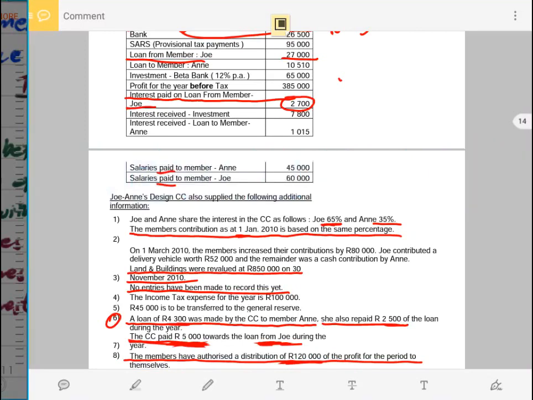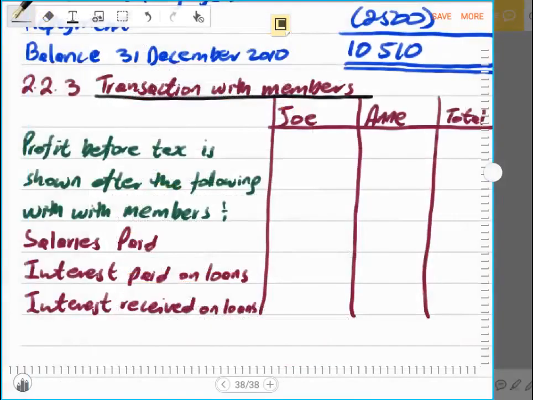So interest that was paid on a loan, 2,700 rands. There is the interest paid, that must be 2,700 rands, and it must be in brackets indicating outflow of cash. Then under total, where there's a total column, please also write that. But some exercises don't take into account the total column.